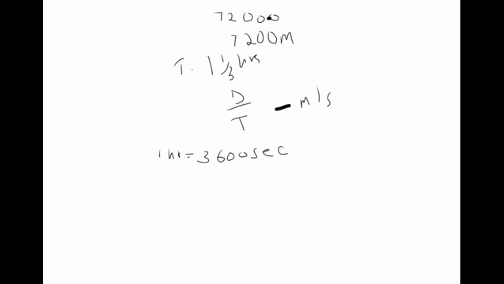We can now change this to an improper fraction. 3 times 1, 4 over 3. We have 4 over 3 hours times 3,600.